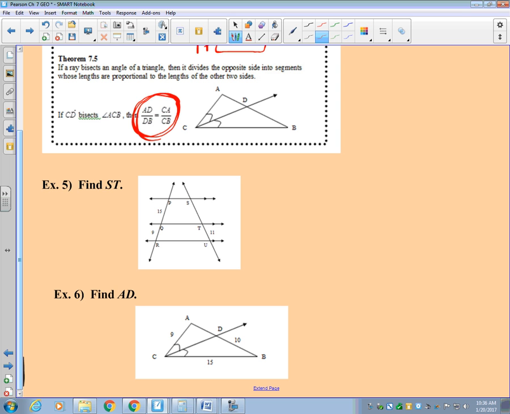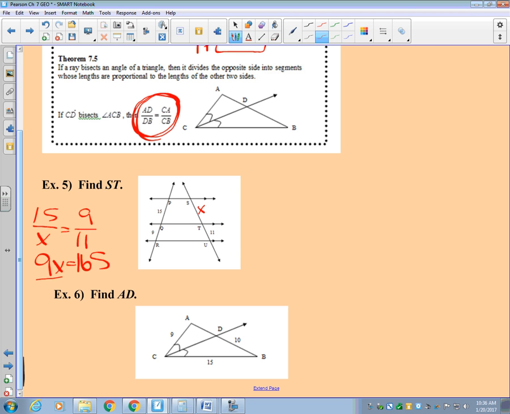In example 5, we want to find ST, so I'm going to let it equal X. So we can say 15 over X is equal to 9 over 11. And that's 9X equals 165. Not because I have my 15s memorized, but because I did it ahead of time.